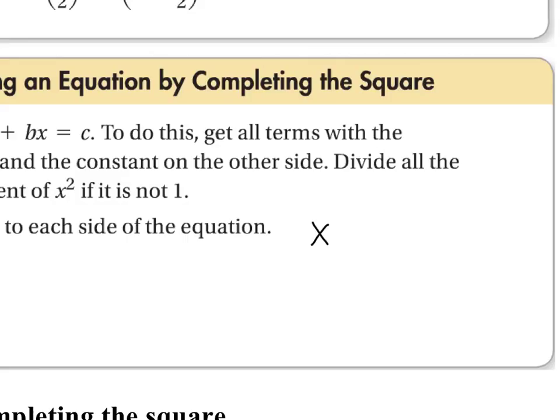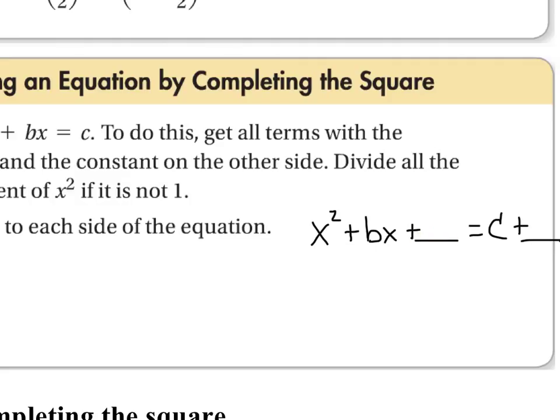So x squared plus bx, and then just plus a blank equals some constant plus the same blank. Because whatever constant they give you, you have to move it to the other side. You want to be the one that fills in this blank. You don't want to use anything that they give you.